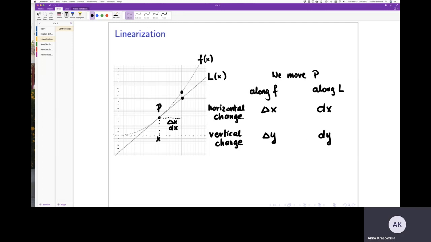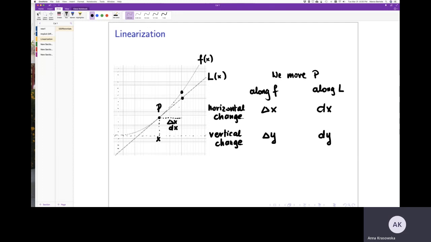Okay, so as we move point P, we shift this to the new location. The changes that will occur horizontally and vertically, we will call them delta x and delta y. If we are looking at the changes when the point moves along a tangent line, we will call them dx and dy.